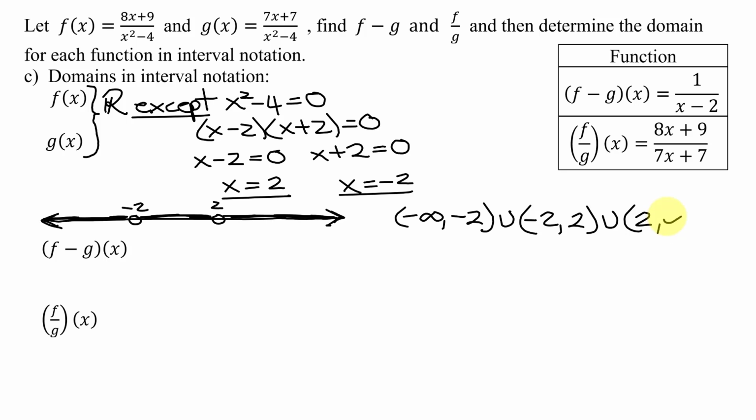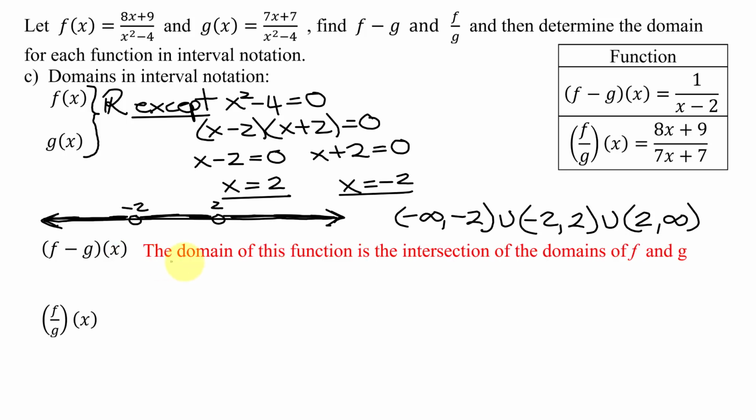unioned with the last interval, parentheses 2 to infinity. Next, to find the domain of the difference function f minus g of x, the domain of this function is the intersection of the domains of f and g. What do we mean by this? All this means is, what do the domains of f and g have in common? Well, they have everything in common since they're identical.